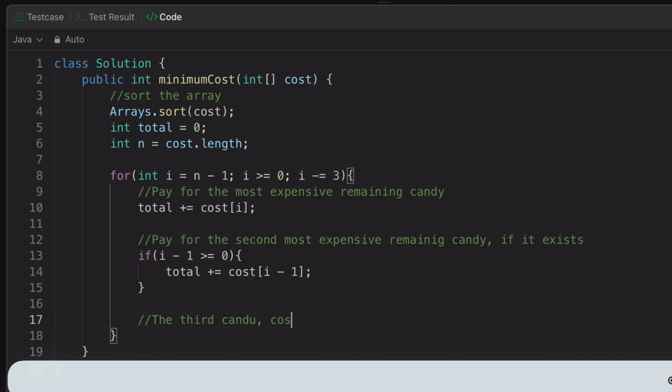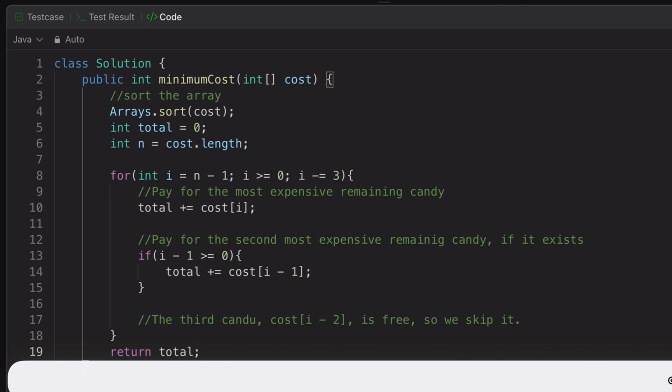The third candy is cost at I minus 2, and this I minus 2 should be free. So it is free, so we skip it. Okay, and finally you will return the total.